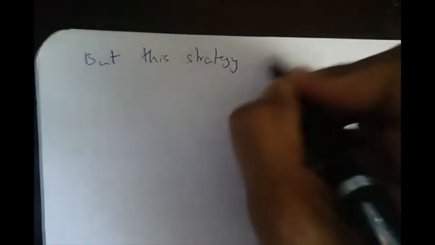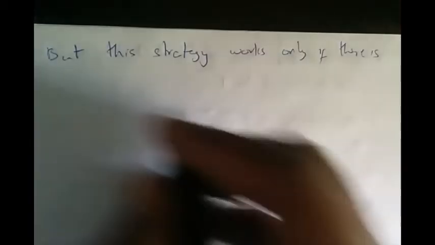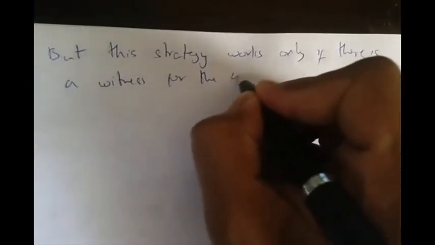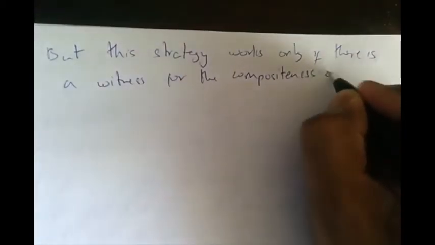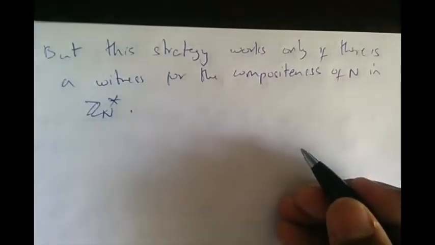But the hypothesis of the theorem says that this strategy works only if there is a witness for the compositeness of n in Zn star. So we don't need to know the witness, but there has to exist such a witness.